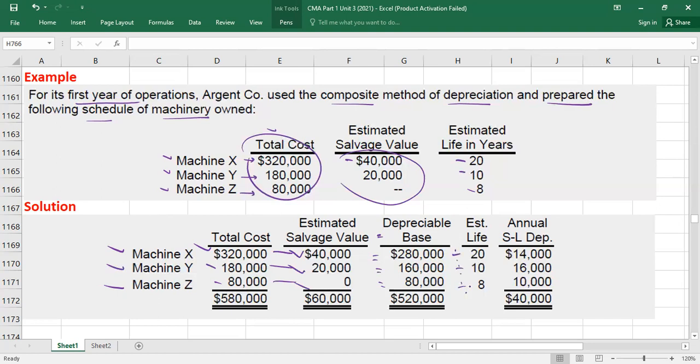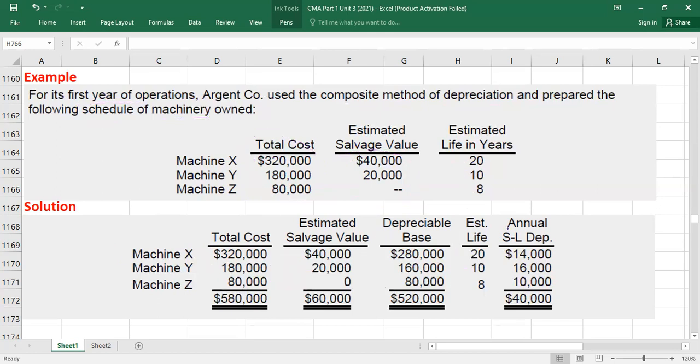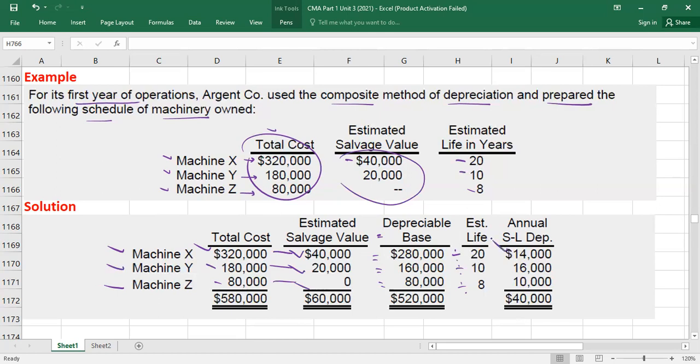First year you have to do this. In the second year, on a single click you can do the depreciation calculation. But in the first year you need to do this working. So guys, you got straight line depreciation: for machine X is 14, for machine Y is 16, for machine Z is 10. So total depreciation is how much? 40,000. Next year you don't need to do this recalculation.